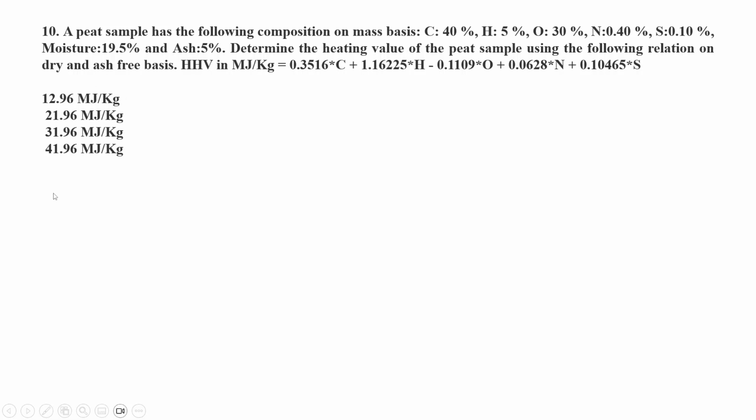The equation for higher heating value is given here: HHV in megajoule per kg equals 0.3516 times carbon content plus 1.16225 times hydrogen content minus 0.1109 times oxygen content plus 0.0628 times nitrogen content plus 0.10465 times sulfur content.